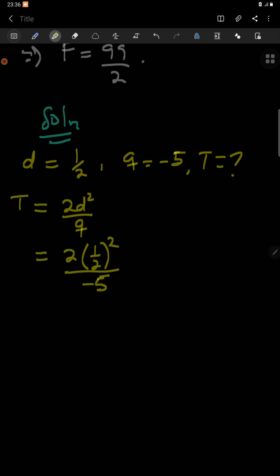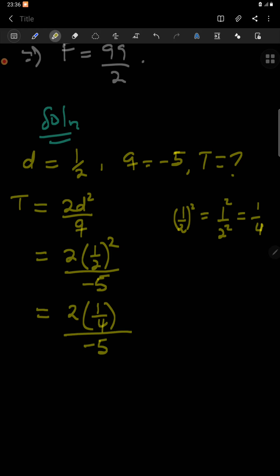Q is -5, right? So if we have half squared, this is the same as 1 squared over 2 squared. And this gives us 1 over what? 4. Okay. So what do we get? We get 2 by 1 over 4 all over -5.